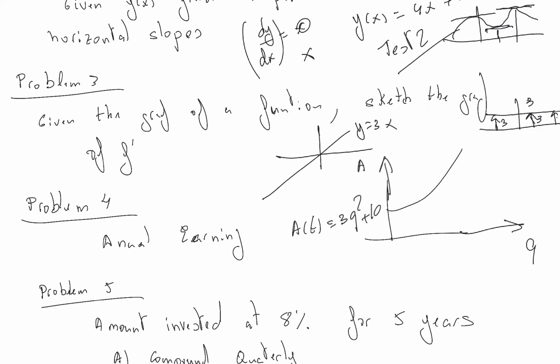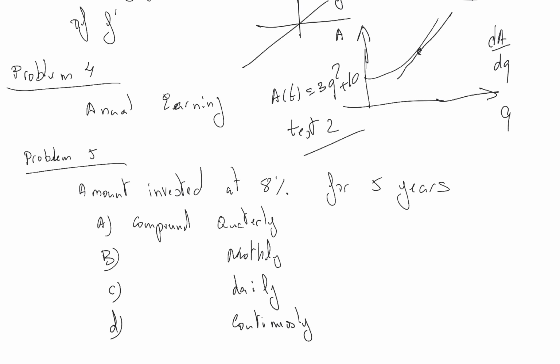It says find the change in the annual earning per unit of the quantity, find the derivative of A with respect to q. So it asks you to find only the slope. This is problem 4, and you can see this on test 2. On test 2 there is a similar problem.